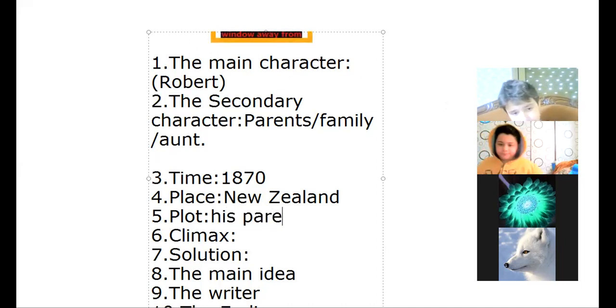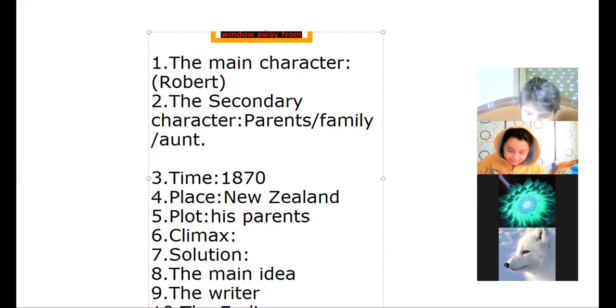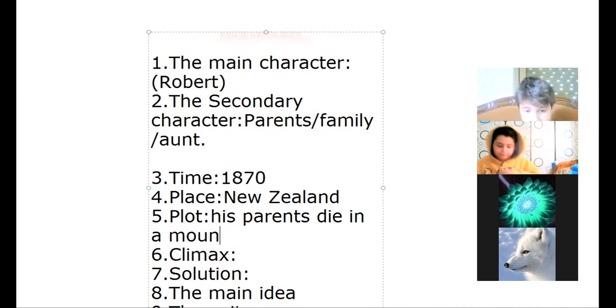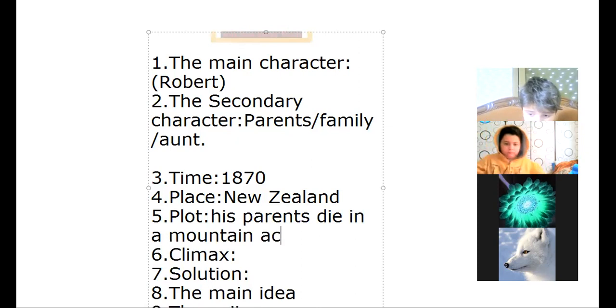His parents die. We will write it in full. In a mountain accident.